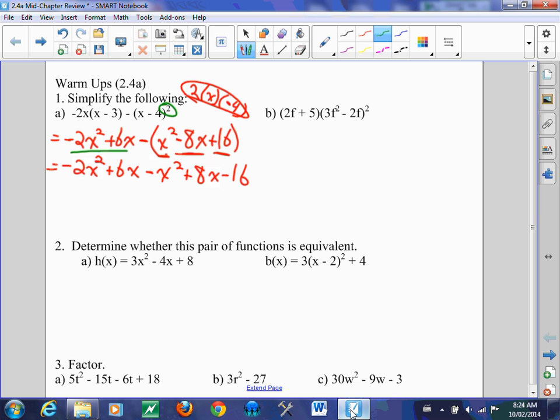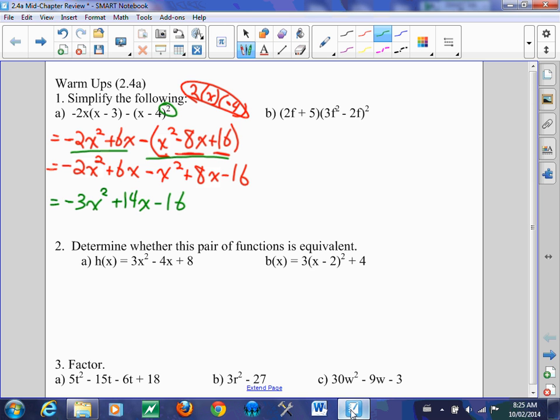So if you're thinking of order of operations in BEDMAS, technically you should do this part first. However, it's not going to impact the answer because of its order. All right, so collecting like terms, we end up with negative 3x squared plus 14x minus 16. So there's that one.